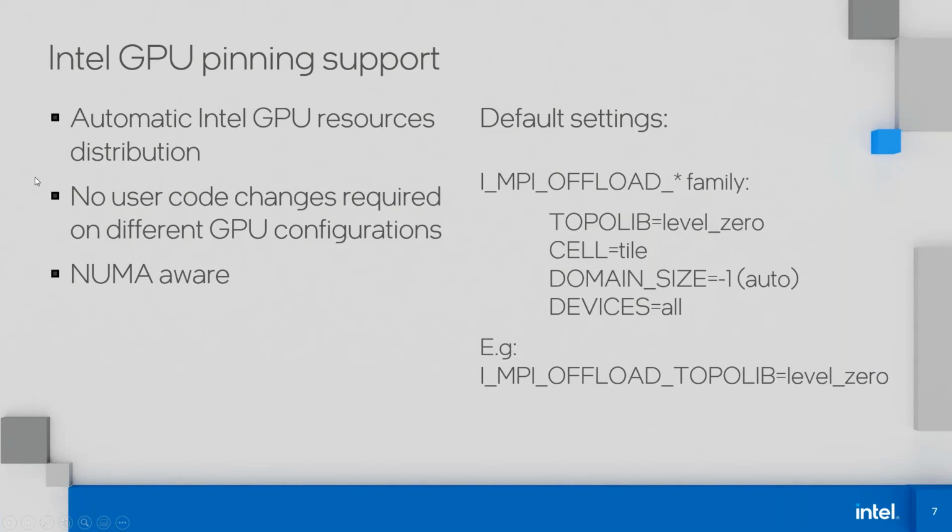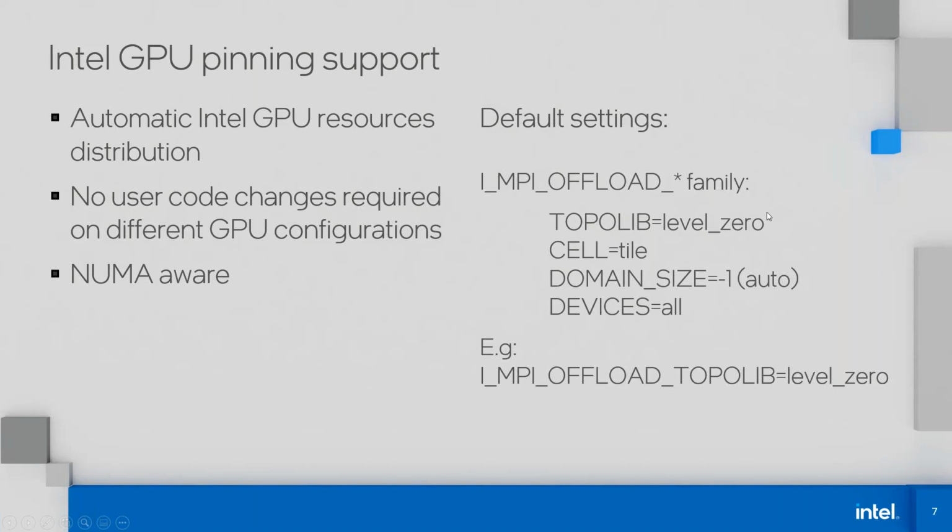So no user code changes are required on different GPU configurations. You need just to run as many ranks as tiles you have. The feature is NUMA-aware. It means that GPU pinning takes into account on which NUMA node the GPUs and ranks are located.